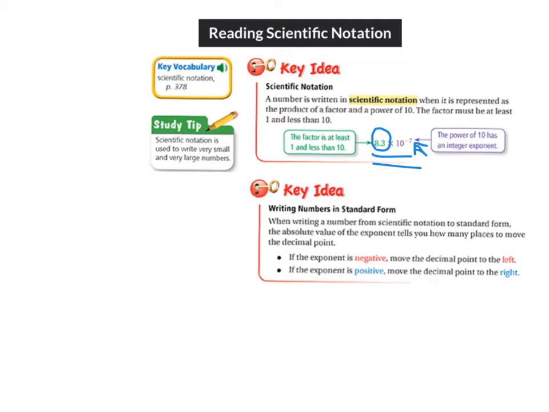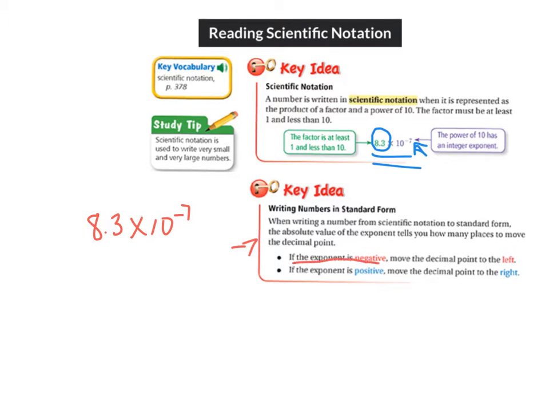There are two ways to write scientific notation back into standard or regular form. So if you see a number written in scientific notation, I'm just going to use the one you see up above, 8.3 times 10 to the negative 7.